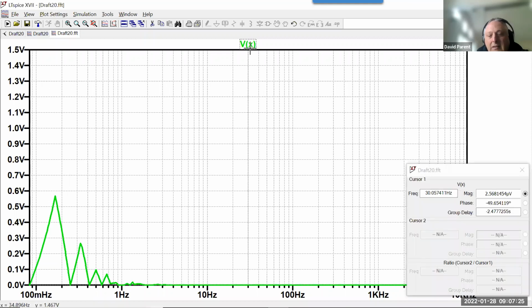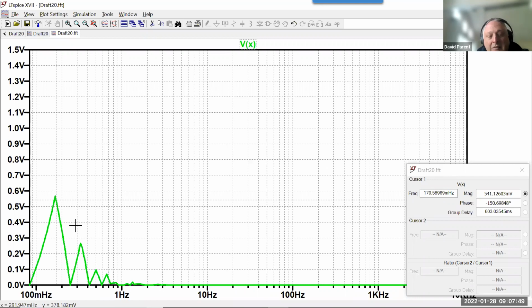So if I just left click on that and put the marker right on one of those peaks, I have a magnitude and then a phase. So these are all cosine waves with a delay. This one's 150 degrees. And you can see all of these.